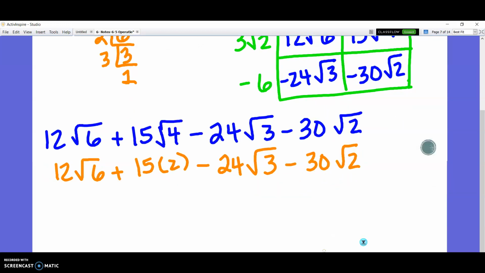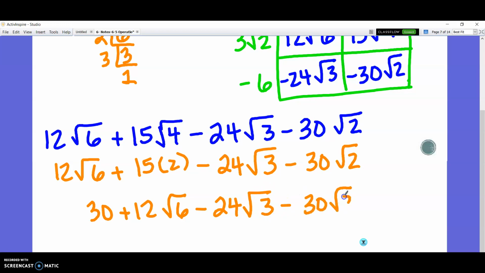So I can't really combine anything, but I was able to simplify the square root of 4 into just the number 2. Not square root of 2, but 2. And this becomes 30 plus 12 square root of 6 minus 24 square root of 3 minus 30 square root of 2.